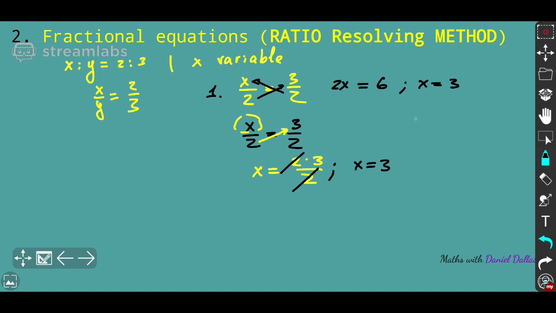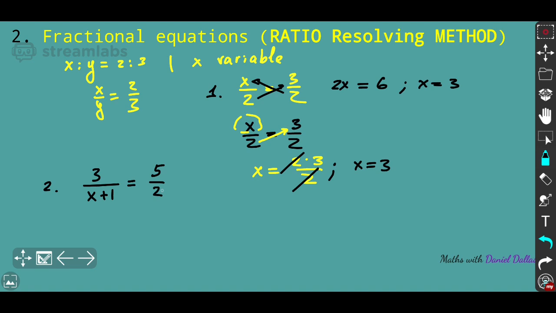So maybe here the advantage is not obvious, okay? However, for more complicated examples, it works really nicely. The advantage is obvious. So for example, you have another equation which has 3 here, let's say x plus 1 here, and on the right side it's going to be 5 over, let's say, 2.